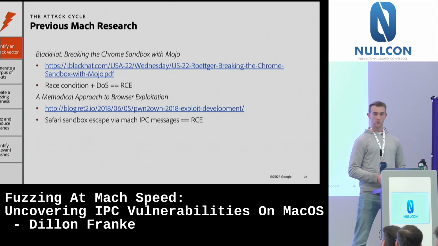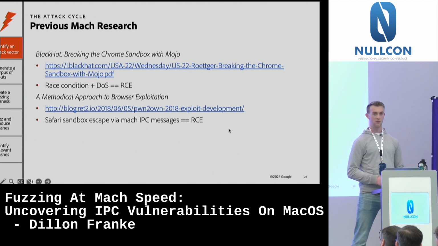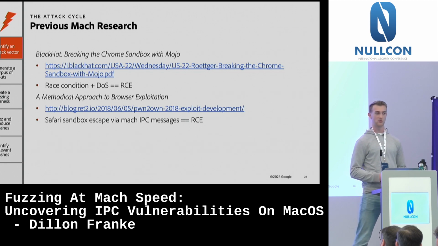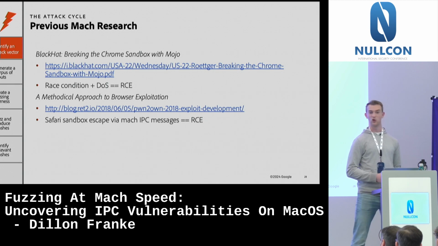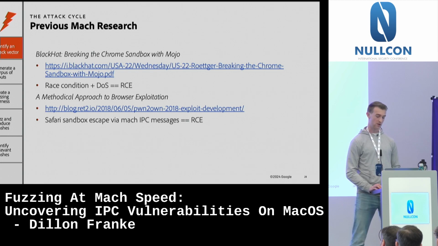And the one that's been most influential was this ret2.io post about a full remote code execution and sandbox escape RCE chain that they developed in Safari, and they disclosed that at Pwn2Own in 2018. This is like a 6-part blog series, so if you're interested in any sort of memory corruption or any of the things I'm talking about, definitely give that a read. It's really great.